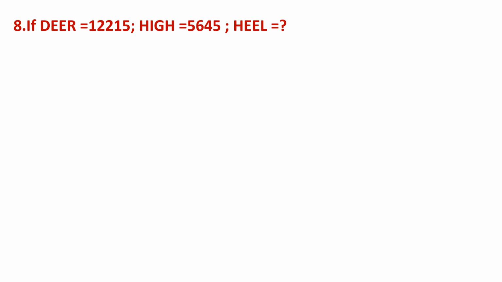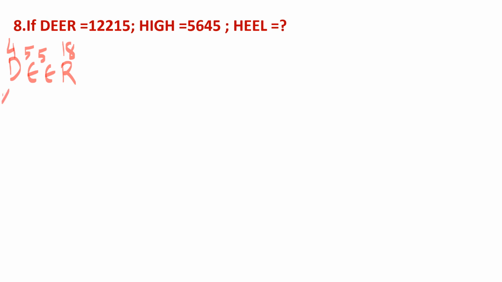If deer is coded as 12215, D E E R, deer is coded as 4, 5, 5, 18.